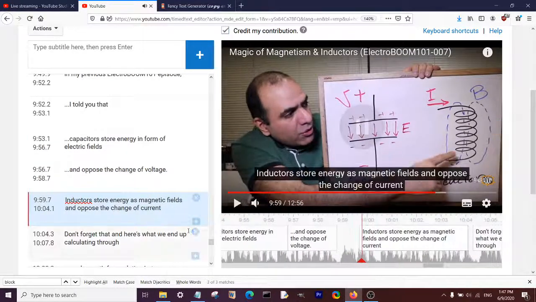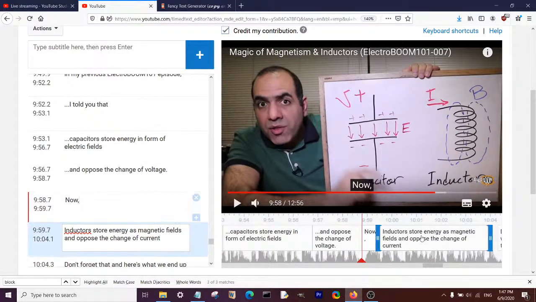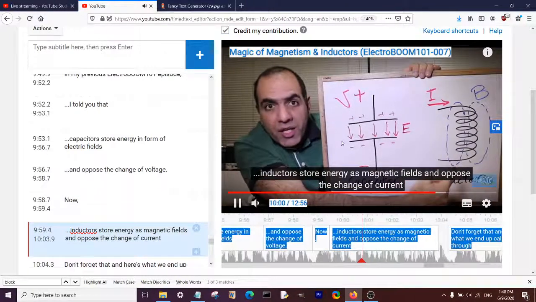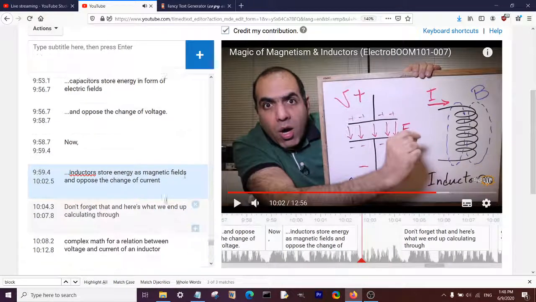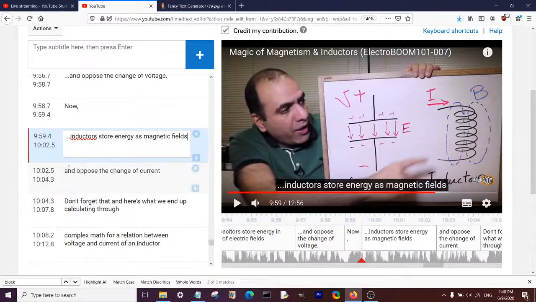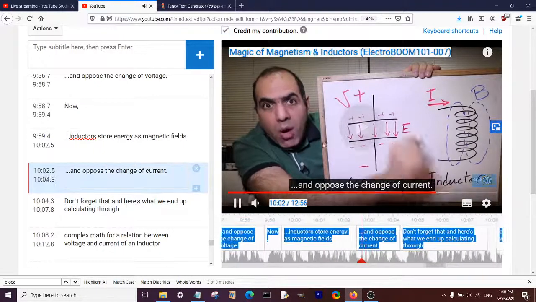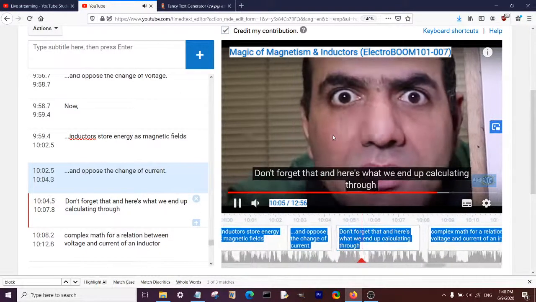Now inductors store energy as magnetic fields and oppose the change of current. Don't forget that.